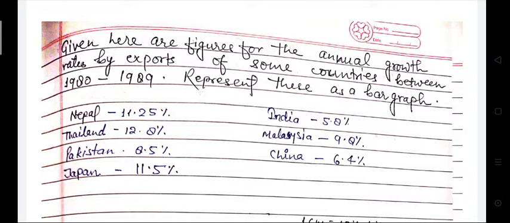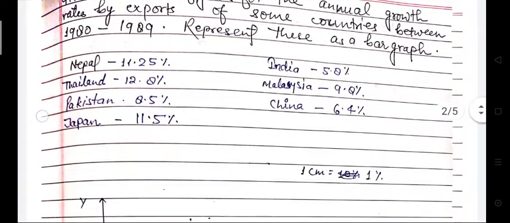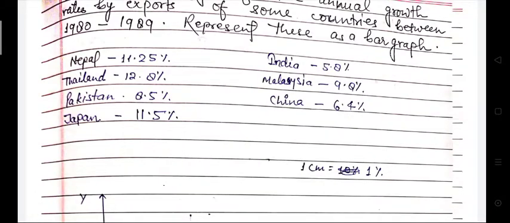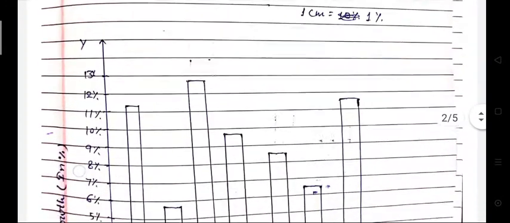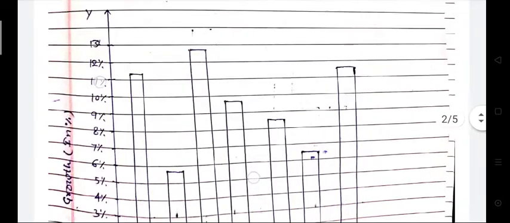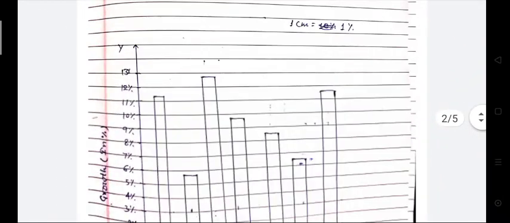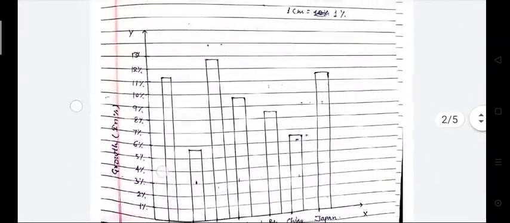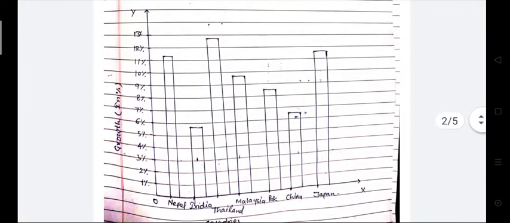We shall use these data to form the bar graph. So let's see the solution of this question, and we try to make the bar graph using these data. In order to draw the bar graph, first of all we shall draw the two axes, the x-axis and y-axis.